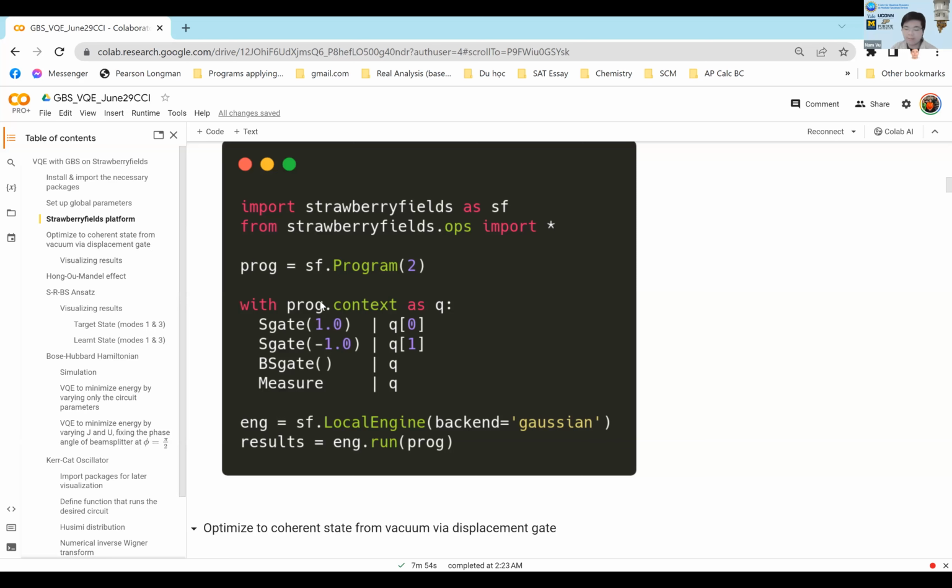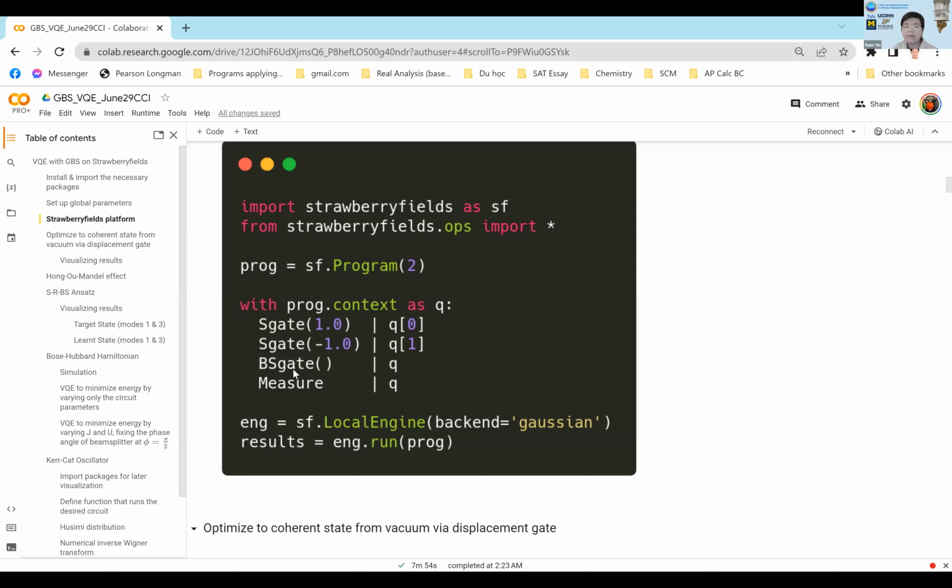So the third step is to define the circuit with the gates, their corresponding parameters, and what modes they act on. So here, I am preparing an S gate, or a squeezing gate, with parameter 1.0 onto the first mode. Then I prepared another squeezing gate with parameter -1.0 onto the second mode.